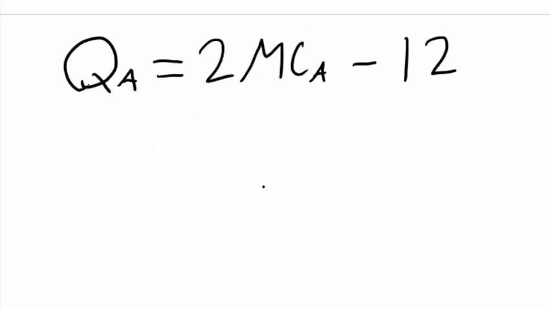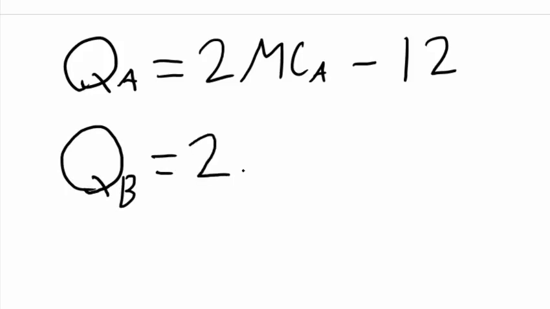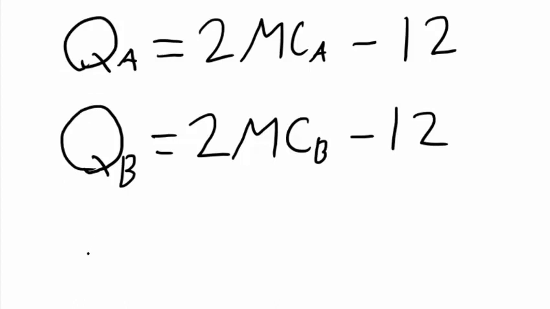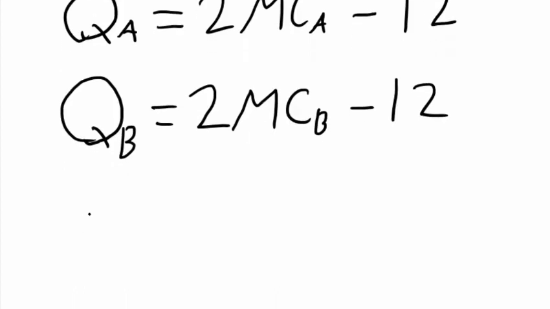And since both firms have the same total cost function, as well as the same marginal cost function, that means our QB function is nearly identical. So we would have QB equals 2MCB minus 12. And so what we want to do is combine these two functions.